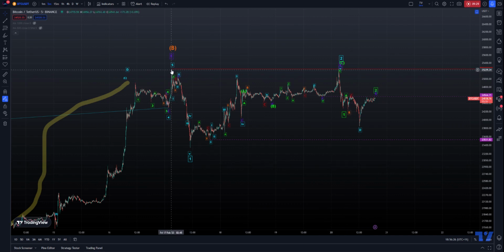Now, will that correction be as bad as what this pullback has been? This goes to show you that markets can pull back in wave 2 almost up to, can't be 100, 99%. It can, and it will, right?